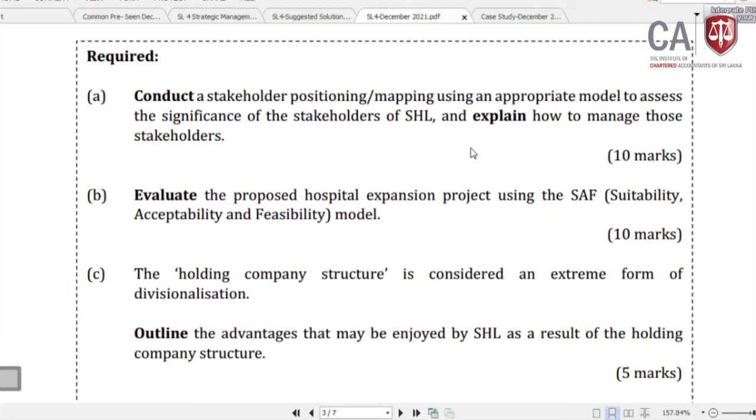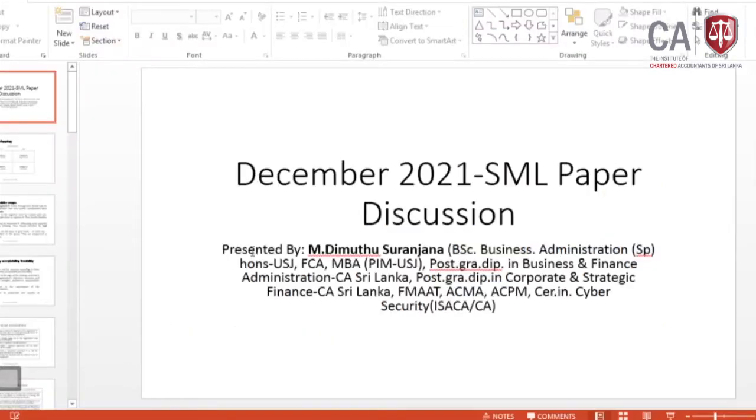So, this is based on stakeholder mapping. And stakeholder mapping. So, if you remember what is stakeholder mapping, I will try to explain this stakeholder mapping for you, right.